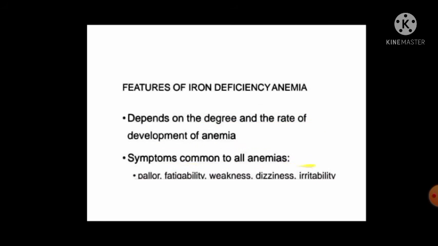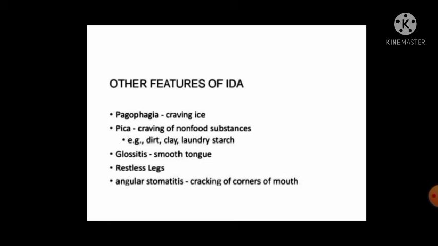Symptoms common to all anemias: pallor, fatigability, weakness, dizziness, and irritability. Other features of iron deficiency anemia include pagophagia, craving for ice, and pica, craving of non-food substances such as dirt, clay, laundry starch.